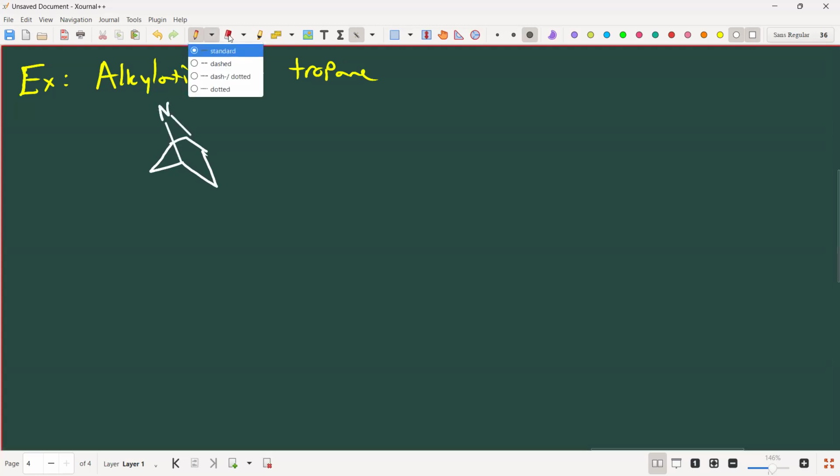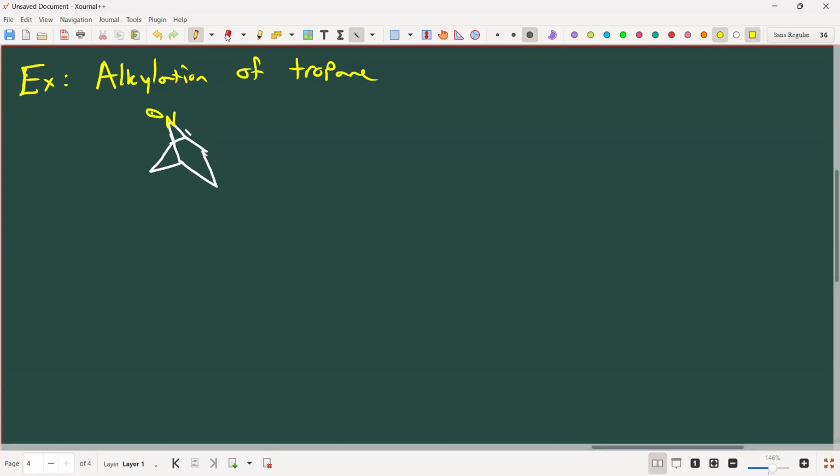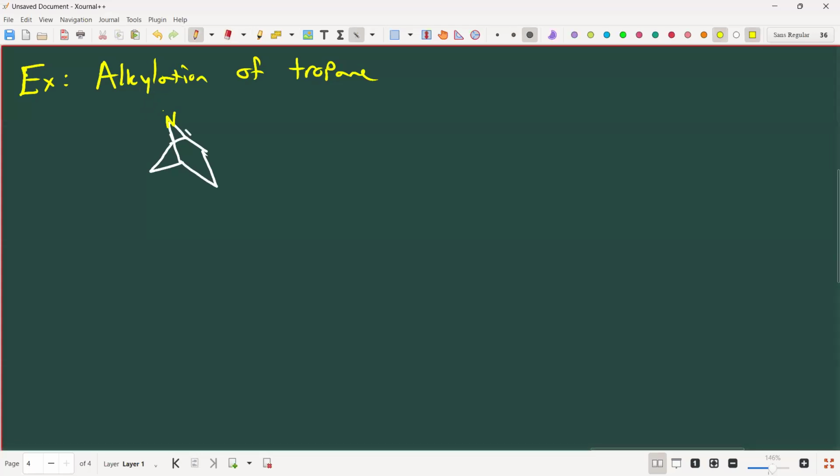So let me redraw this. I'm almost there. So there's this 6-member ring, and then between two adjacent rings, there's a little post that points up where they're connected, and there's a nitrogen here, like that. We're going to have a lone pair here, and we're going to methylate it on the other side.